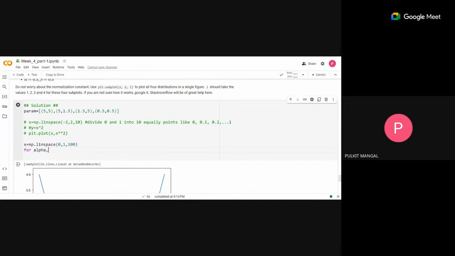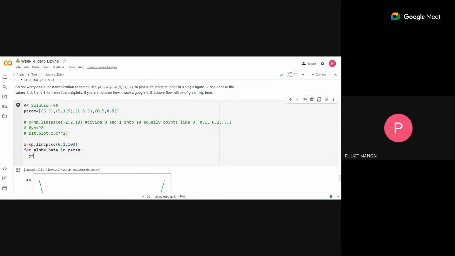So now we will just run a for loop for alpha comma beta, because we are extracting the tuples in the list. It will take each tuple. What would be our y? y is p power alpha minus 1 into 1 minus p power beta minus 1.